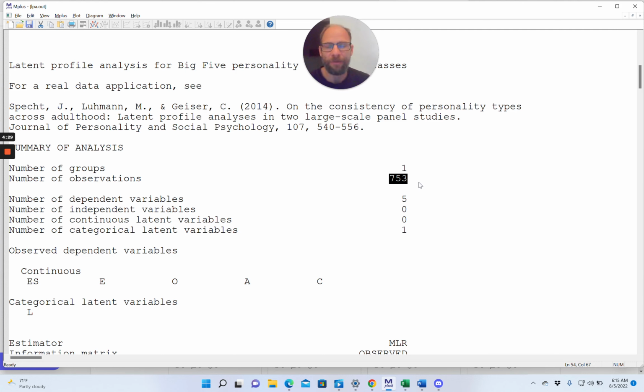So like as a rough guideline, I would say don't do a latent class or latent profile analysis when you have fewer than 300 cases. So there are situations where that may be okay, but typically we want to aim for sample sizes that are above 300, roughly speaking. So here we're in a range where we should be fine.